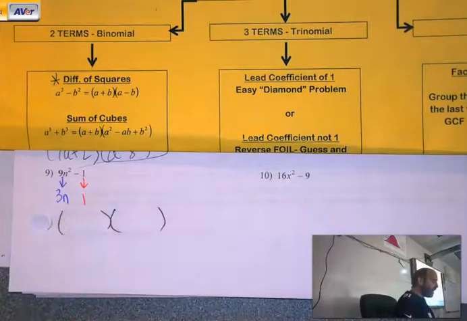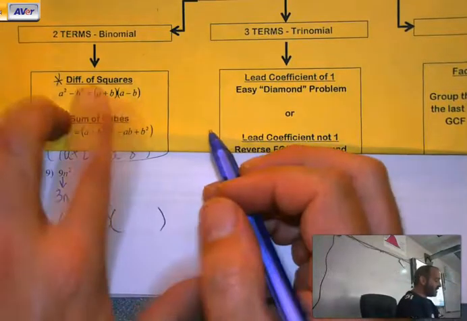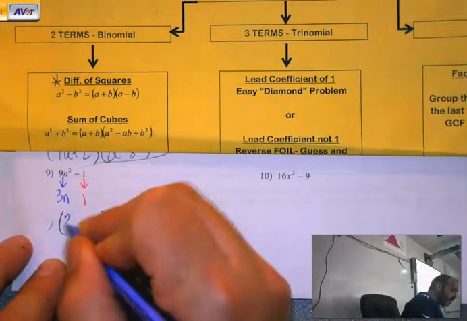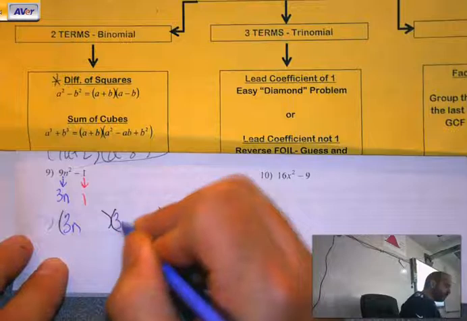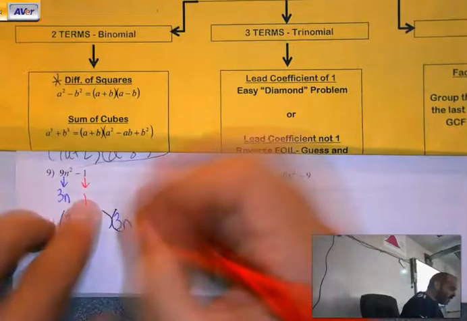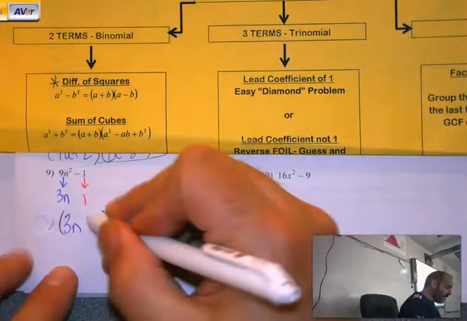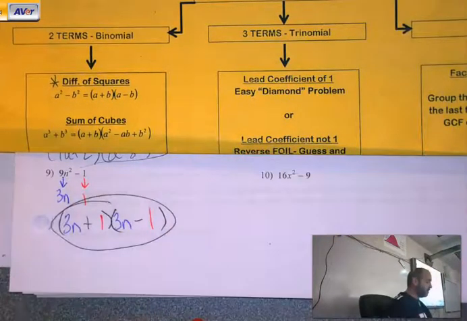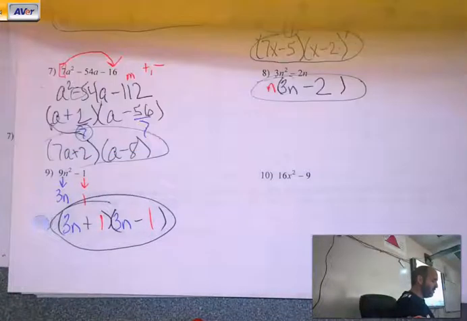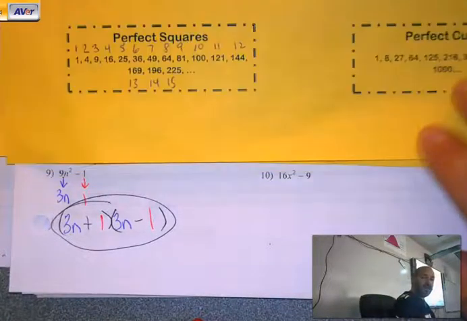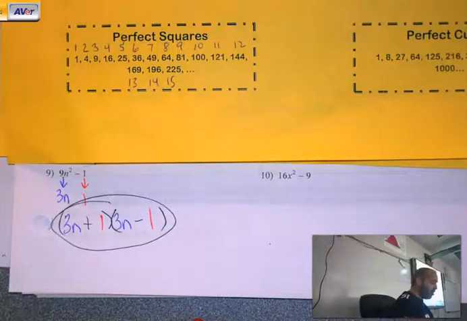And again, when you're making your difference of squares, and this is the only one of these we've done, first term goes first, second term goes second. One gets a plus, one gets a minus. That's the end. Don't make it harder than it needs to be. You're going to have all the pieces right here.